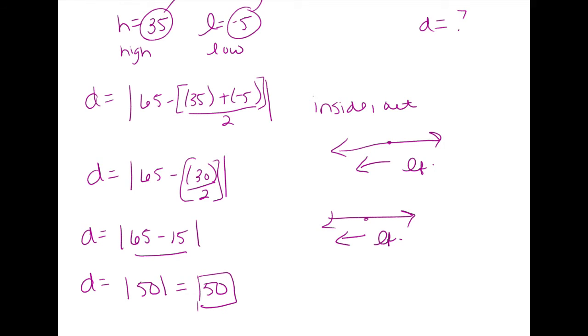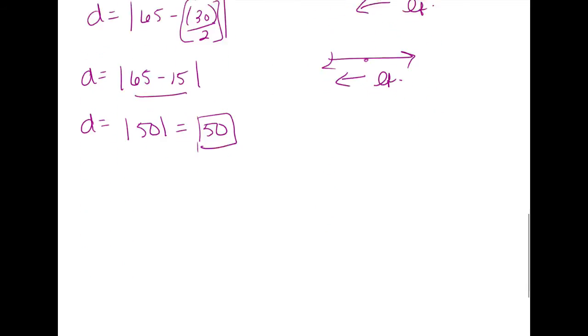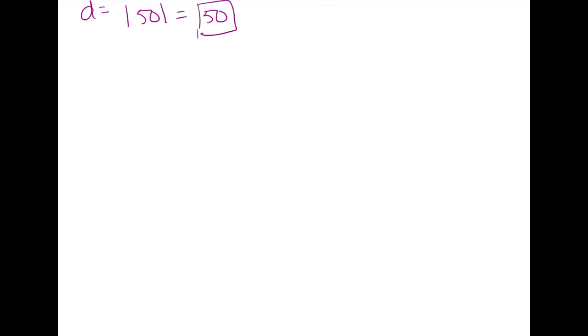Alright, I'm going to do one more example like this for you using the same formula, just to try to make sure that you're as comfortable as you can be. 65 minus h plus L over 2.